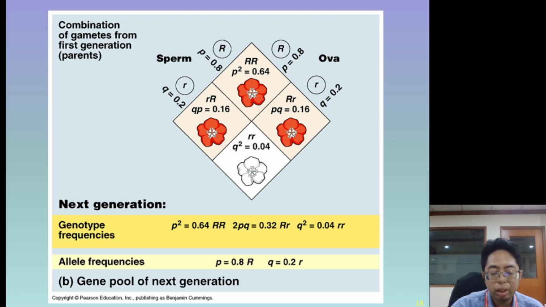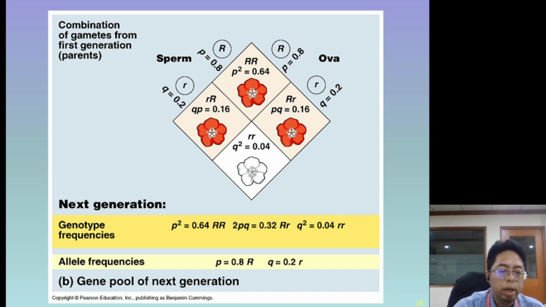Okay, so for the next generation, if you combine the gametes from the first generation of parents, you can calculate the probability for the next generation. So from the numbers that we found on the previous page, P squared is 0.64, 2PQ is 0.32, and Q squared is 0.04.